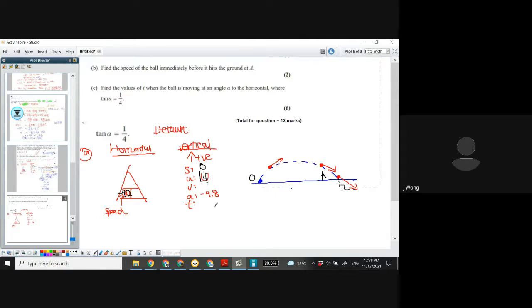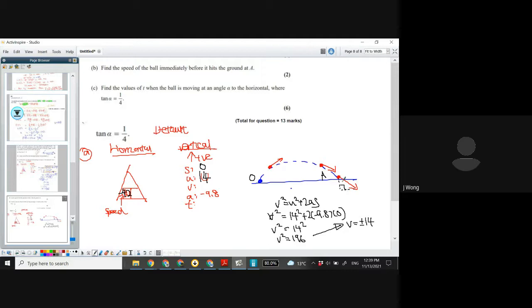So I could solve it without t. You have v squared equals u squared plus 2as. That will be 14 squared plus 2 times minus 9.8 times 0. And surprisingly, maybe not so surprising with some of you, v squared is 14 squared, so v squared is 196. Again, this is quadratic, meaning v is plus or minus 14.